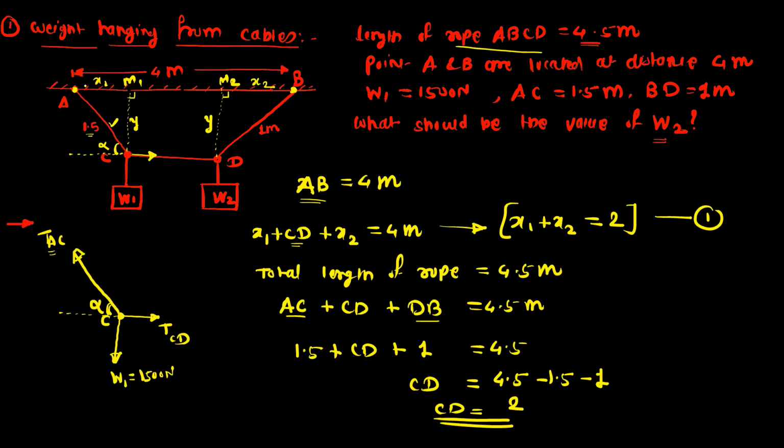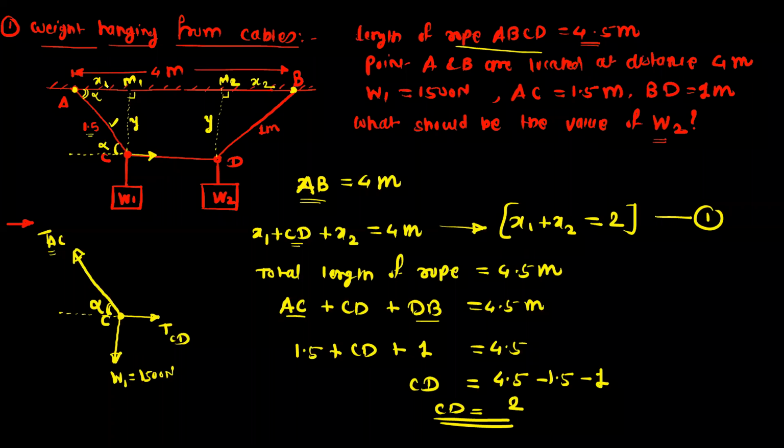But to find this alpha, we have to calculate the angle A in the triangle AM1C. And this angle A is nothing but alpha, because this is an alternate angle. So alpha we can find by using y and x1.